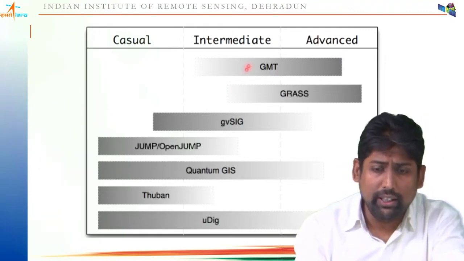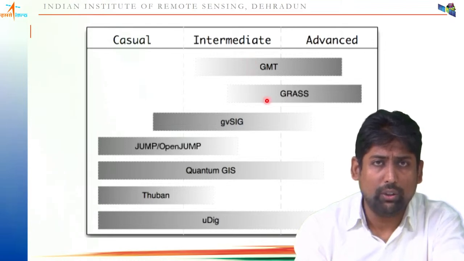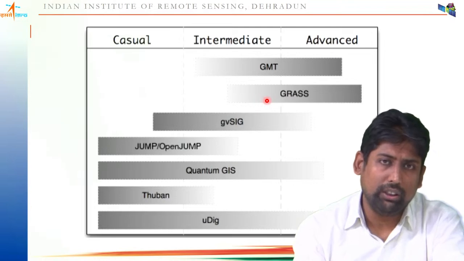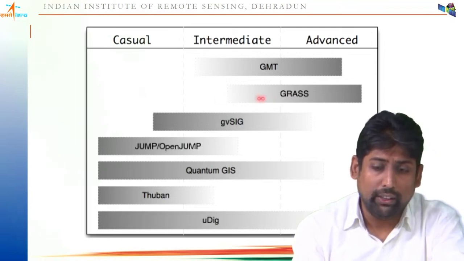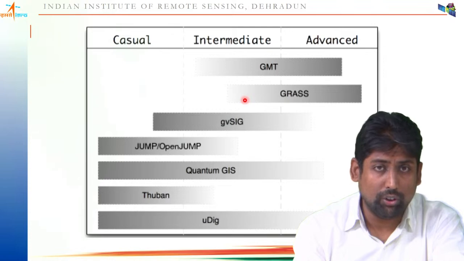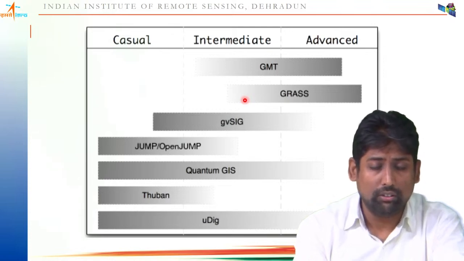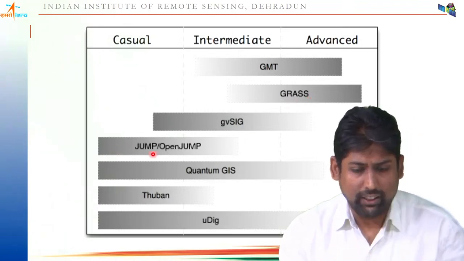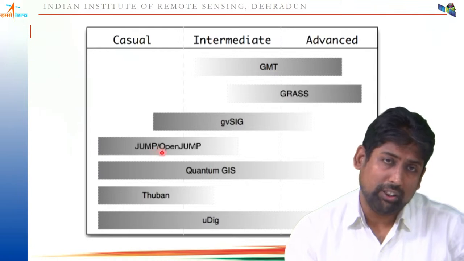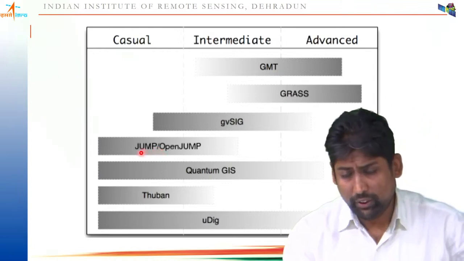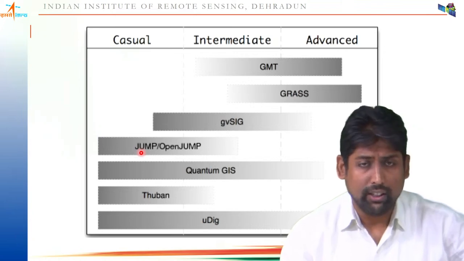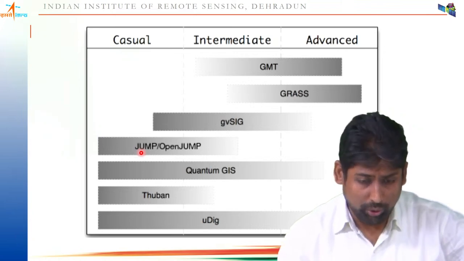But if you are already using some GIS software and you are acquainted with GIS terminology and GIS tools, I would suggest that you look at GRASS, which is also a free software, but it is slightly for intermediate to advanced users. And if you are in the Java based platform, so in the next few slides I'll talk about why there are so many softwares and which one should you use.